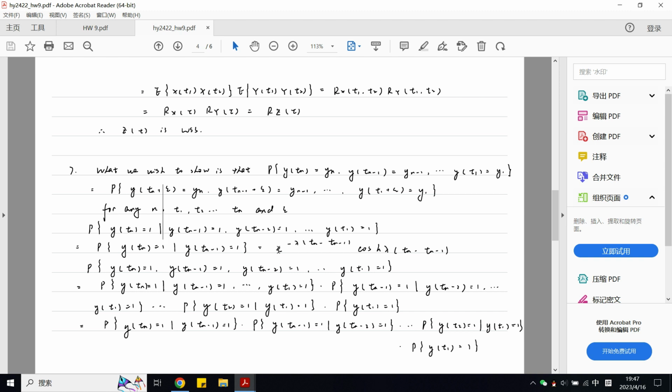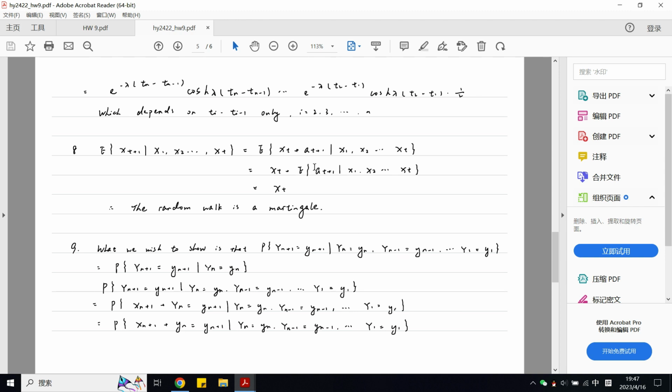So since we got the result of this term, the probability equals e to the power of negative lambda (t_n minus t_{n-1}) times cosh of lambda times (t_n minus t_{n-1}).